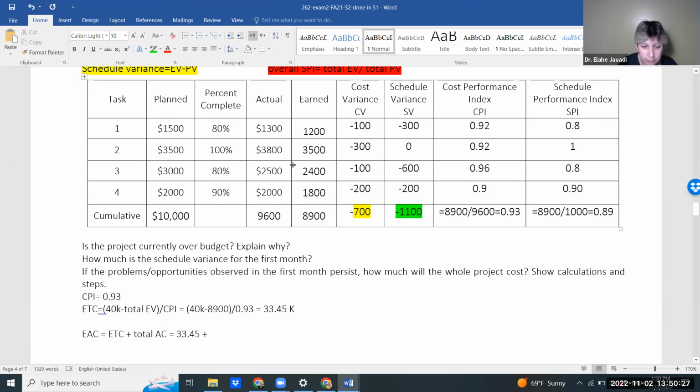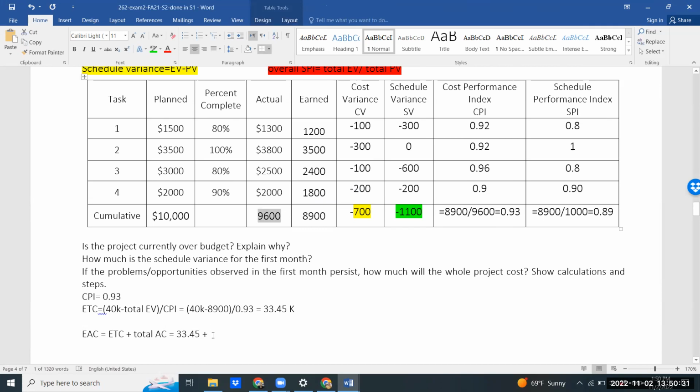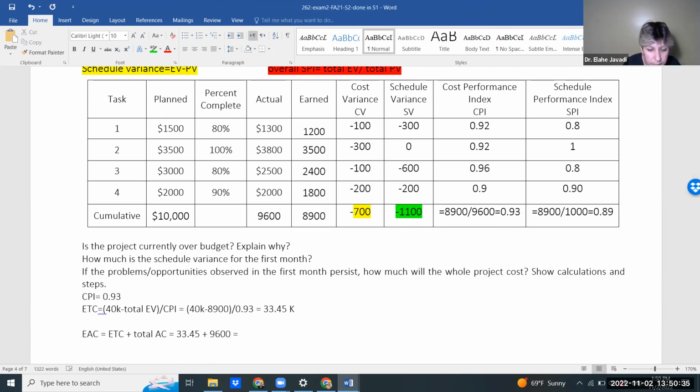Keegan, what is the money we've spent so far? 9,600. Exactly, 9,600. And then that's going to be 43.05K, I think so.